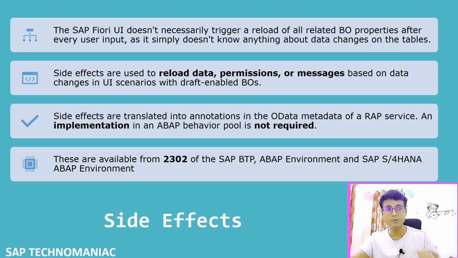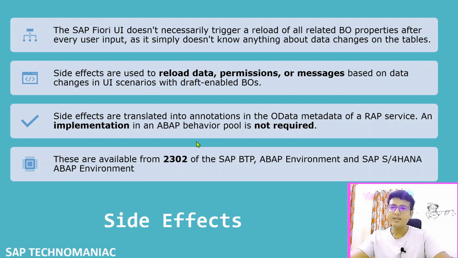Based on the trigger condition, a side effect will reload some of the fields. Reload means reloading the screen values for some of the fields or operations, and it will reload the messages on the screen as well.